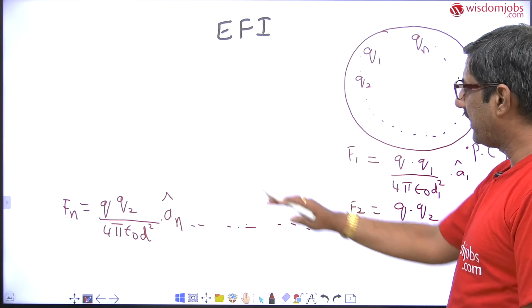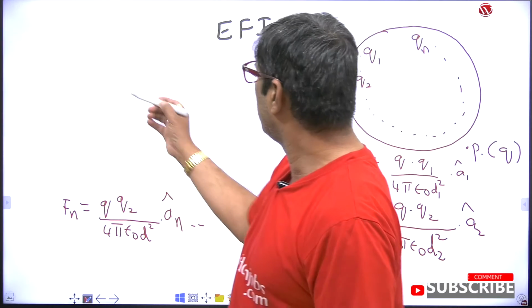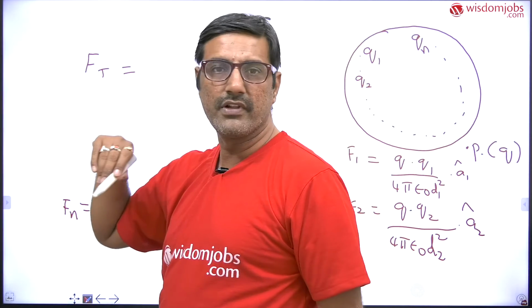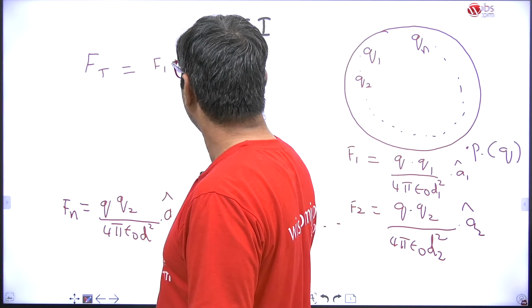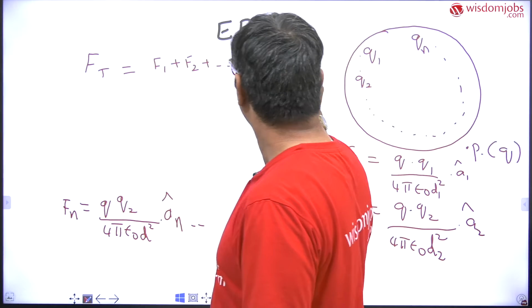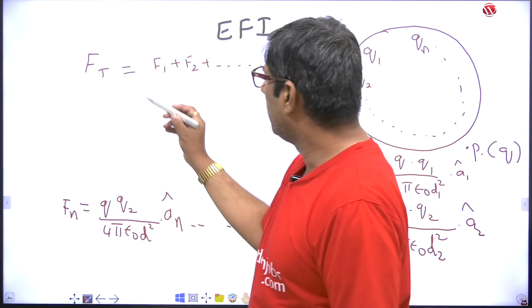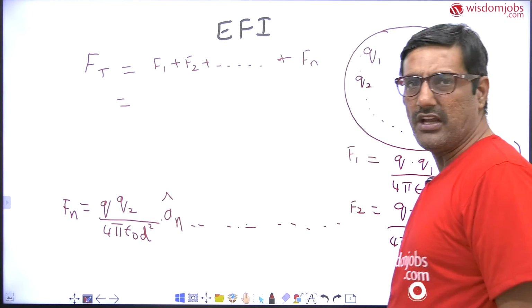Now, so we have got n components of force, right? So what would be the total force then? Total force is F suffix T. That would be F1 plus F2 plus up to Fn, right?